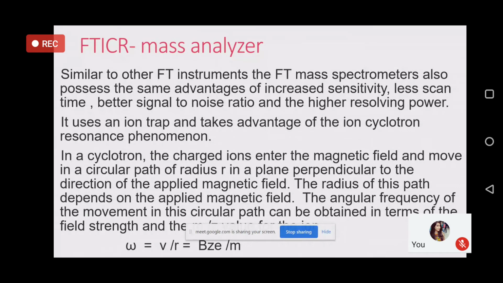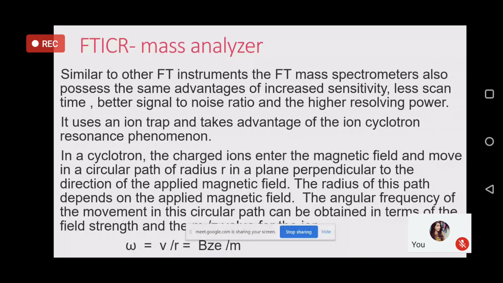Normal IR spectrometer, when it responds, its domain of measurement is wavelength. You are applying different wavelengths and getting the response from the sample for different wavelengths. So the domain of measurement is wavelength in the normal IR. In all Fourier transforms, the domain of measurement is obviously time, and then it is the transform.